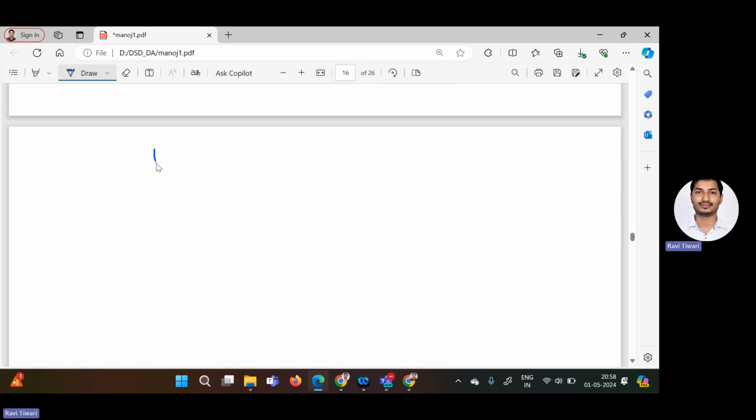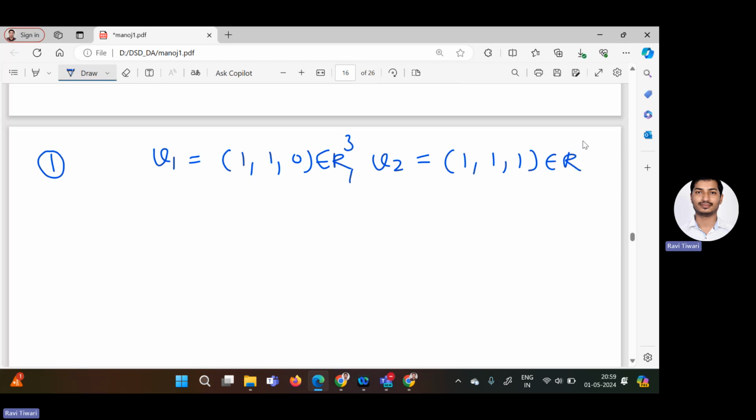Suppose we have two vectors, first problem: v1 equal to (1, 1, 0) and v2 equal to (1, 1, 1). v1 and v2 are the two vectors for S. Both of these belong to R cube.